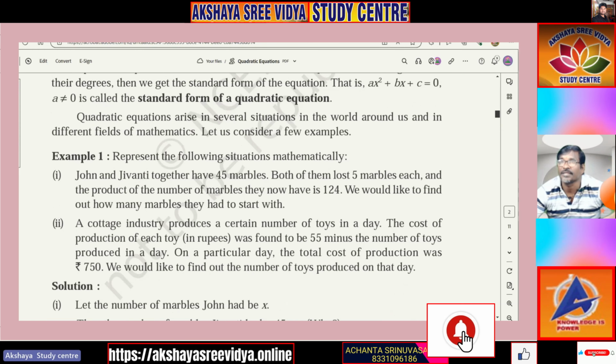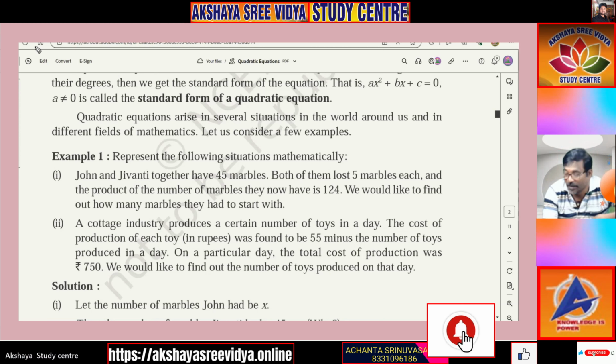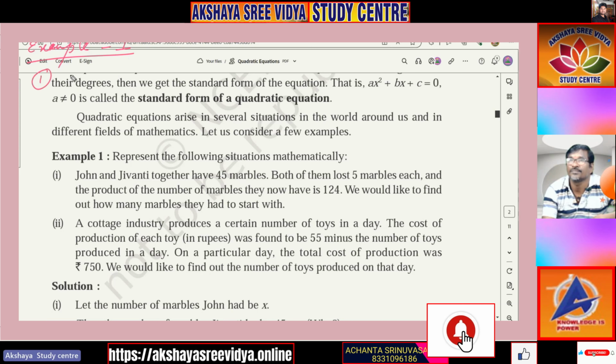Again, I can explain. John and Jivanti together have 45 marbles. In Example 1, we have John and Jivanti.